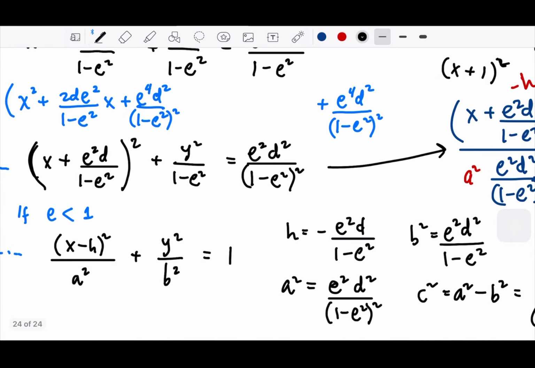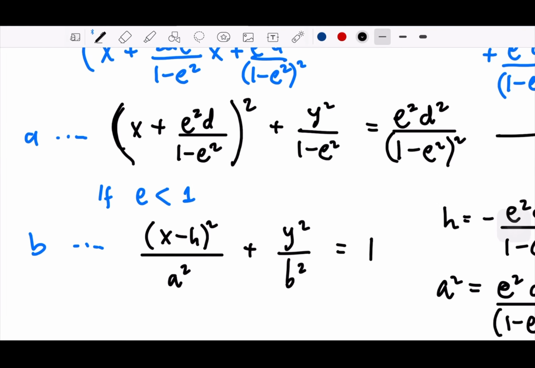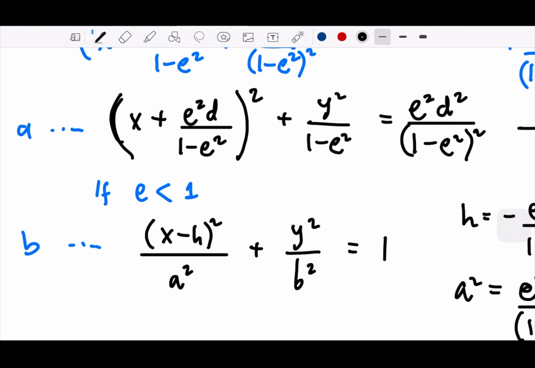Okay, this means when we have e less than 1, we take this as positive because 1 minus something less than 1 is positive, right? If e is greater than 1, this will be negative, and the same way, because it's negative, it will be minus. So it will be a hyperbola.